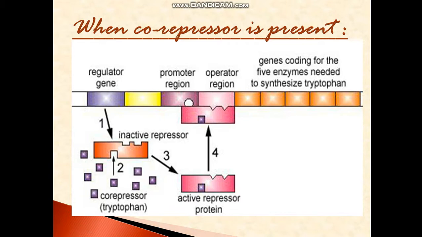It is a very conservative kind of thing going on inside the cell: if we have enough of some metabolite, why produce it in excess? And if we don't have something, it needs to be produced. The same mechanism is going on inside the body to prevent the excess production of certain metabolites. Clear? So this is the condition when the co-repressor is present.